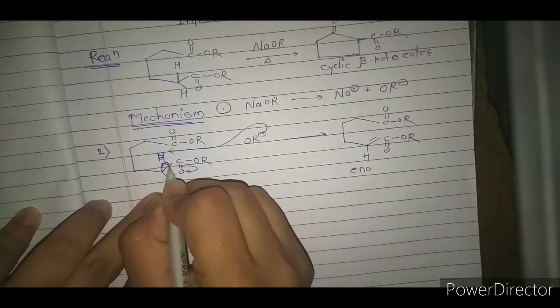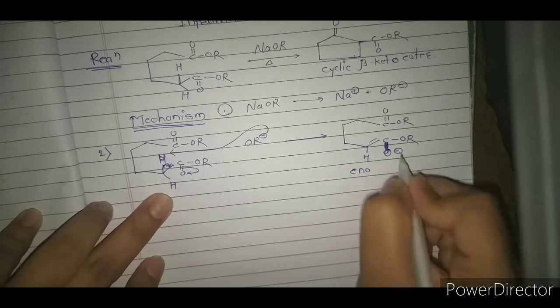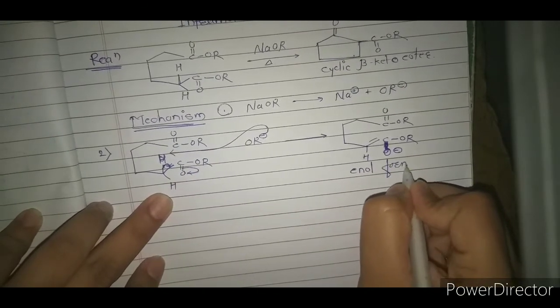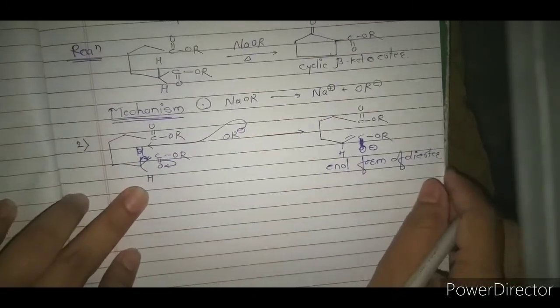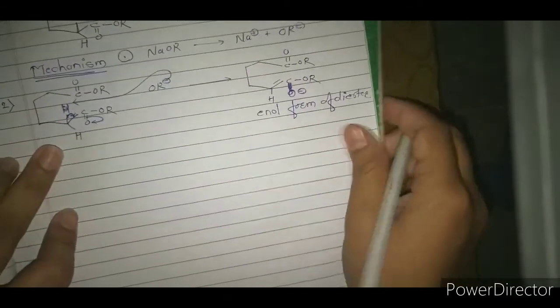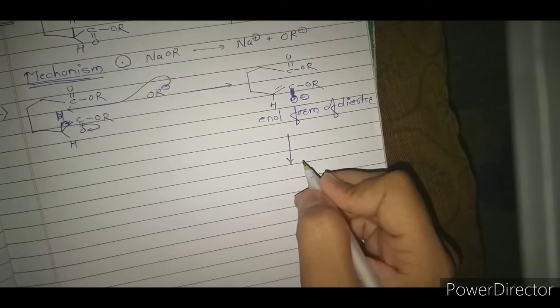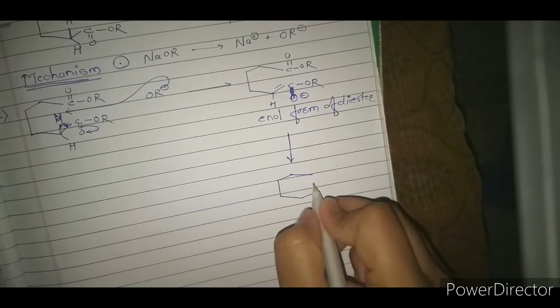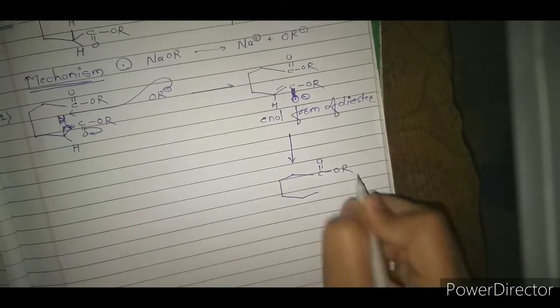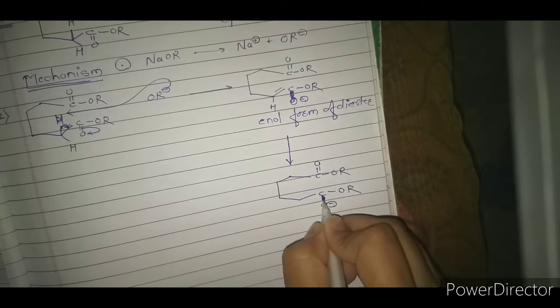As this proton leaves, the electron is transferred here, and this electron is also transferred here, so it becomes a single bond and it is the enol form of the diester. So what happens in the next step? This is your enol form, this is your single bond, and this is your hydrogen.